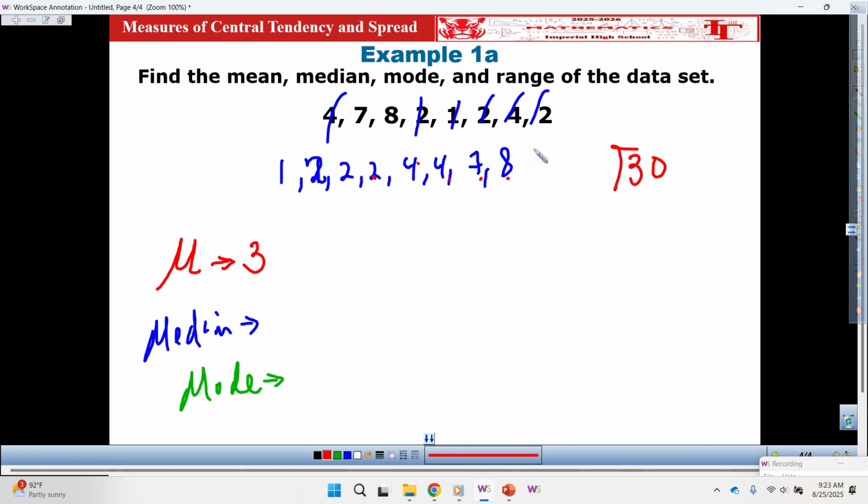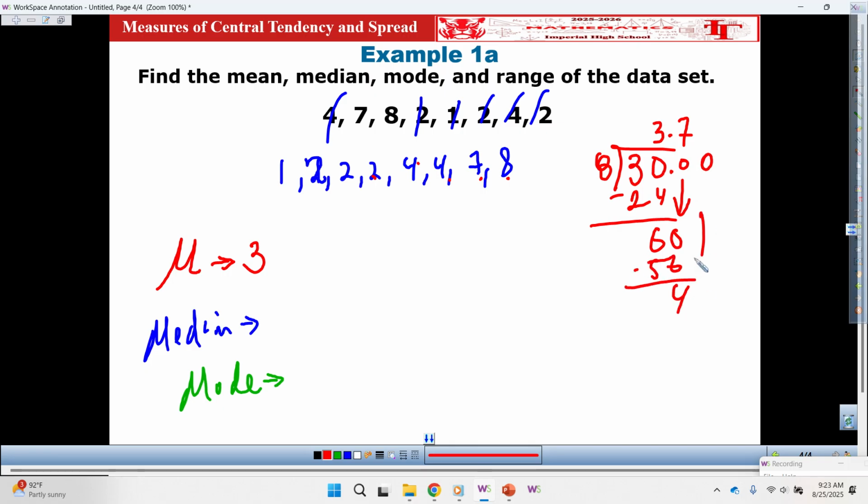Divided by 8. 8 times 3, that's 24. 6, add a decimal and a 0. 7 times 8 is 56. 4, add another 0. And that is 5, so 3.75.